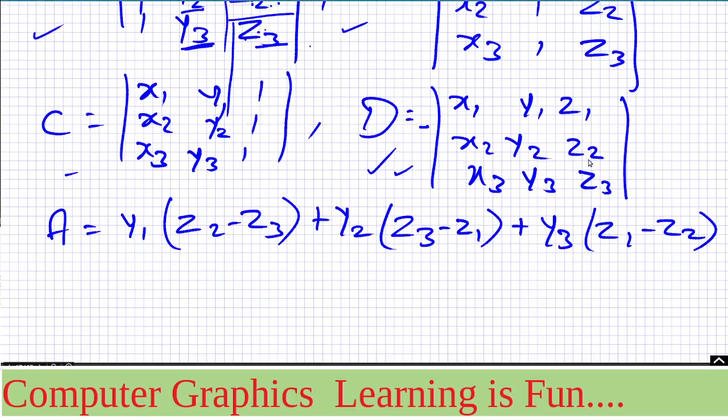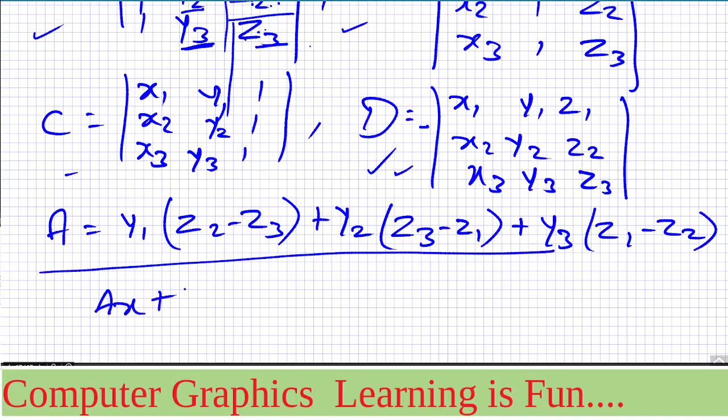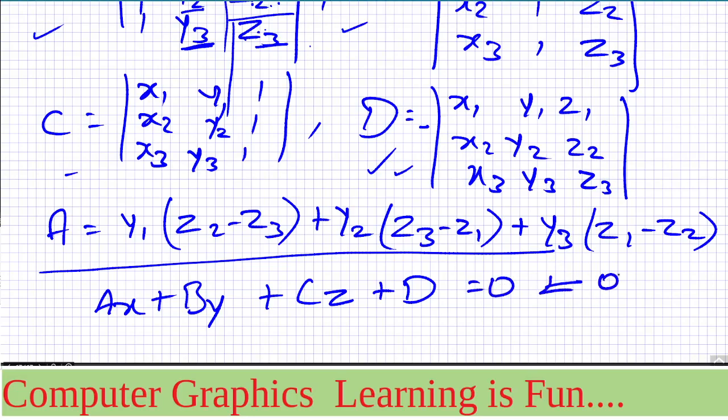How you can find whether it is on the surface or not? If ax plus by plus cz plus d is equal to 0, then you can say that it is on the plane or on the surface, okay.